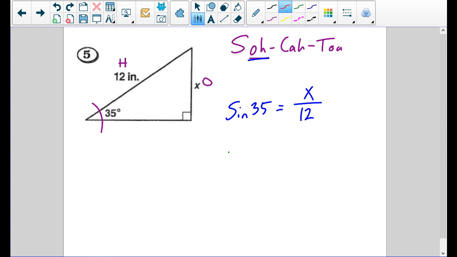How do I solve? Multiply by 12. So this is what I'm typing in my calculator, 12 sine 35. And what do I get? 6.88 is my side length for x.